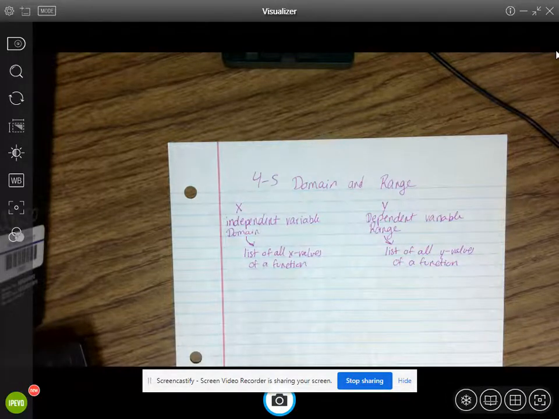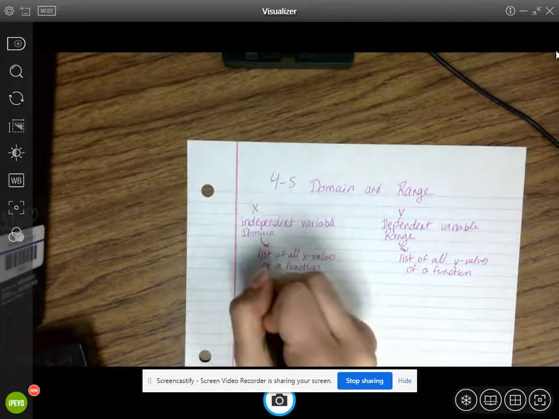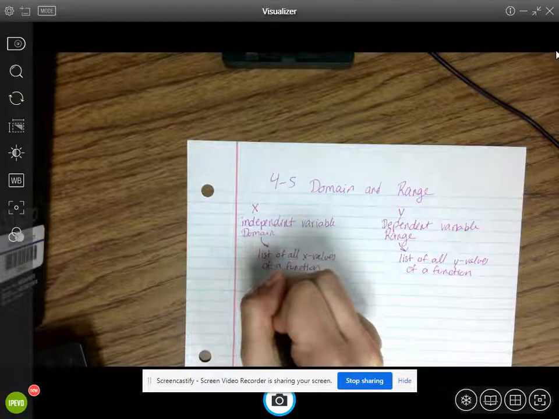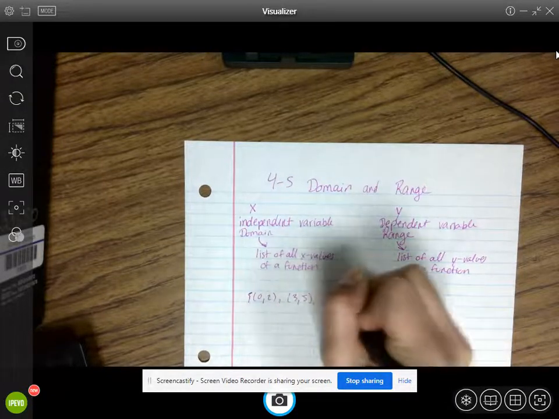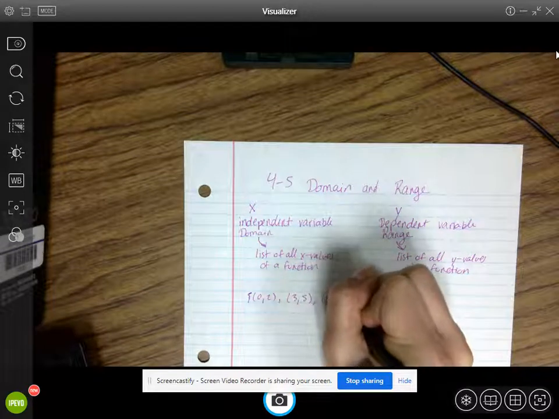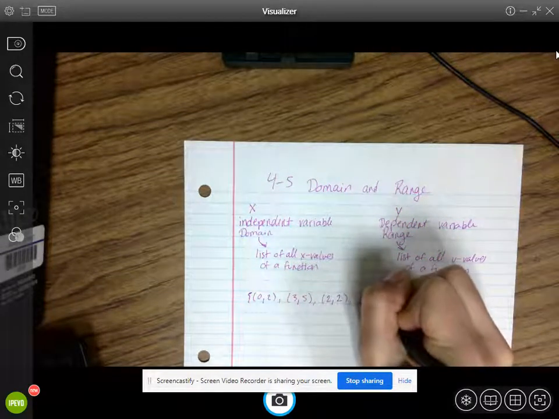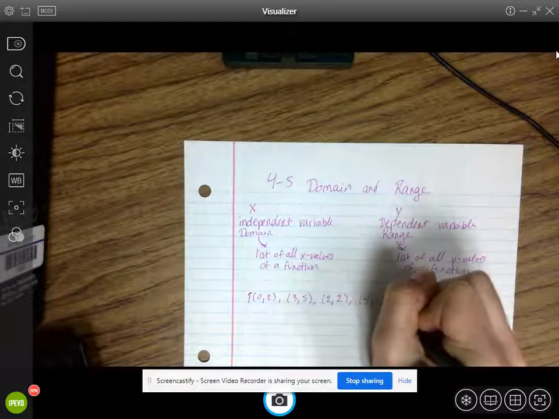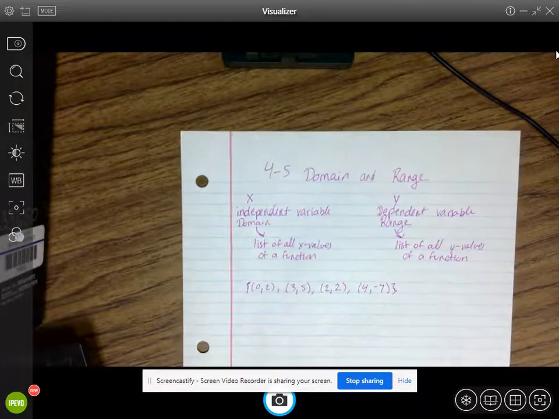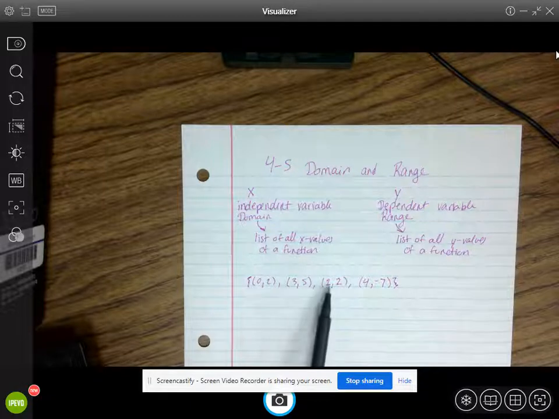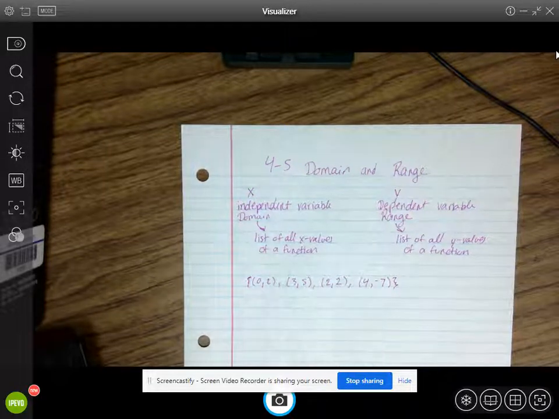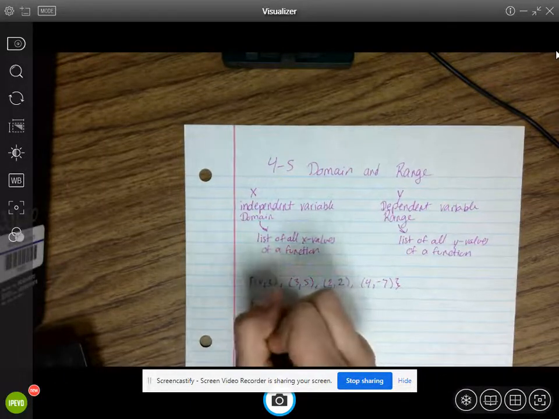Okay, so given this example, I've got a function because 0, 3, 2, 4. Remember, none of my X values repeat, so this is a function.